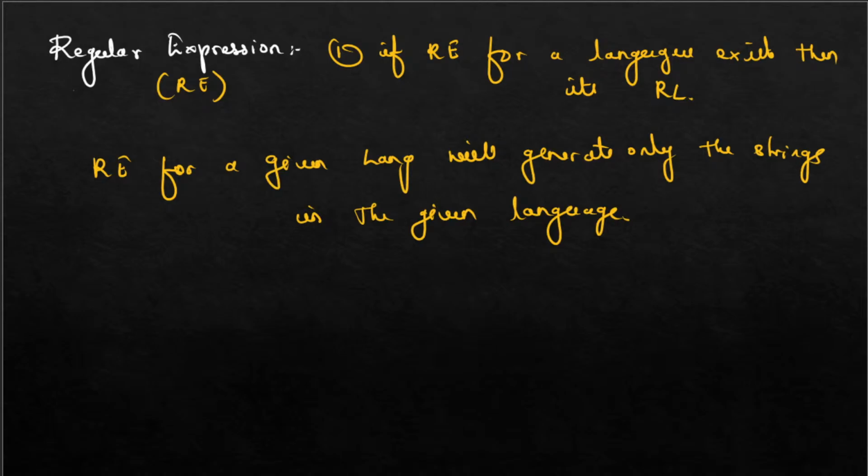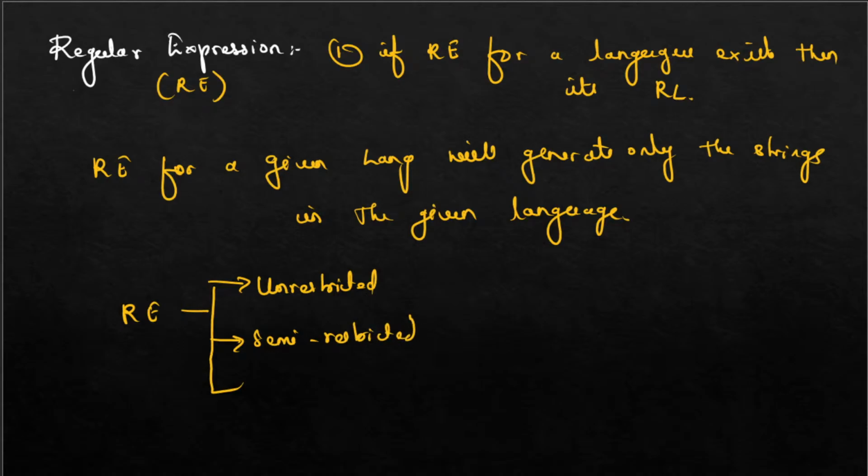Now let's see, in regular expressions there are unrestricted, semi-restricted and restricted categories. The unrestricted one has alphabet, concatenation, closure, plus, like this.